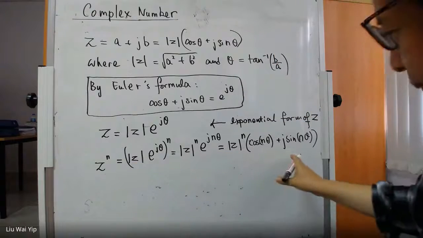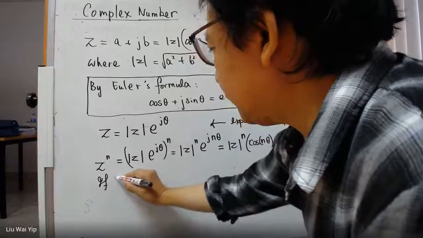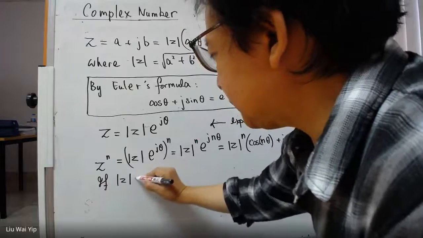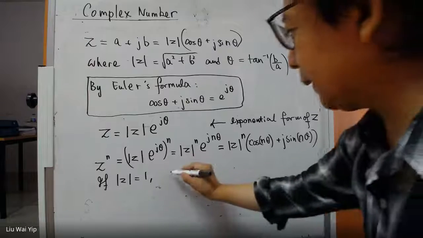And what happens if the modulus of Z is 1? Then what do we get? We get this one.